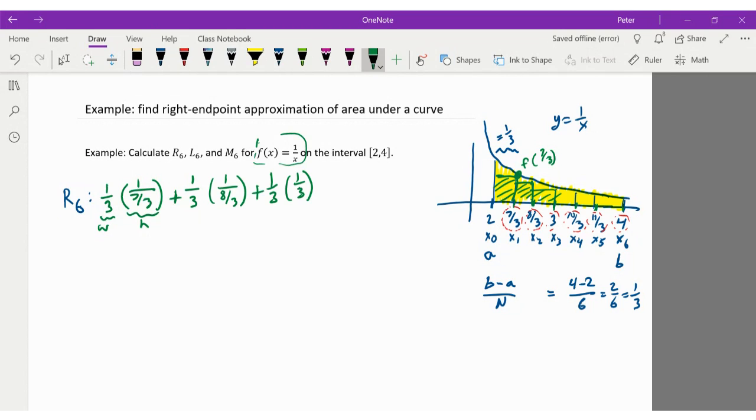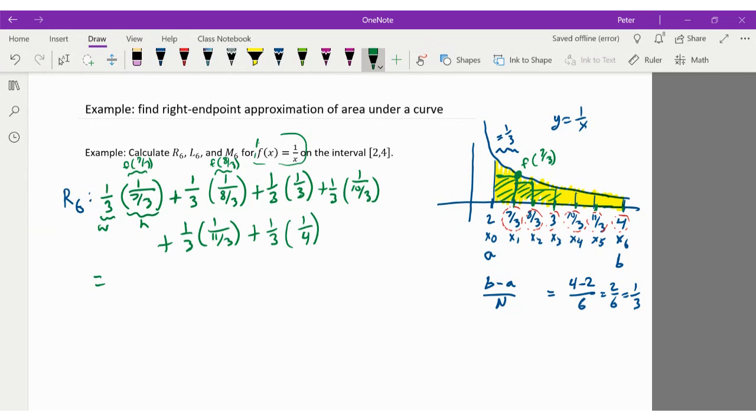In other words, this is f of 7/3, this is f of 8/3, etc. So I keep going. 1/3 times 1 over 10/3 plus 1/3 times 1 over 11/3 plus 1/3 times 1 over 4.